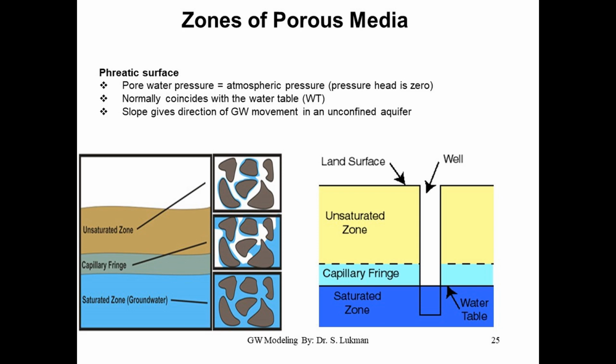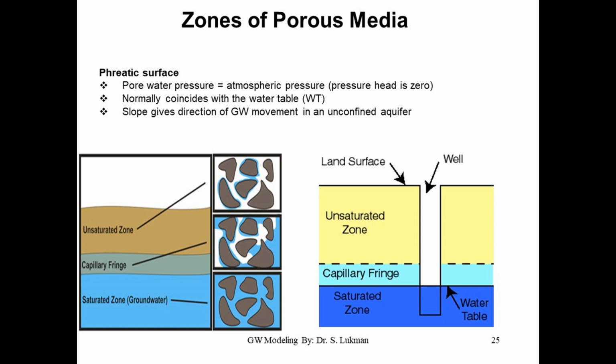I have a question. From the last statement on the board, we said that the slope gives the direction of the groundwater. So in this regard, that is that of the aquifer.